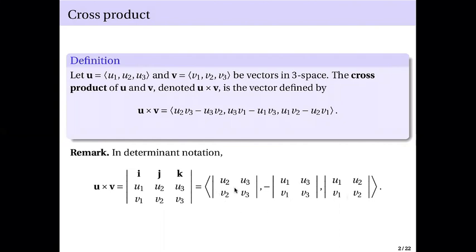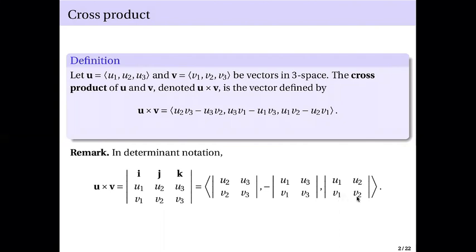On the first component, you have the determinant of u2, u3, v2, v3. On the second component, you have minus the determinant of u1, u3, v1, v3. While on the third component, you have the determinant of u1, u2, v1, v2.